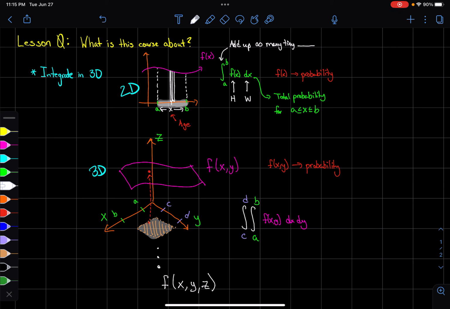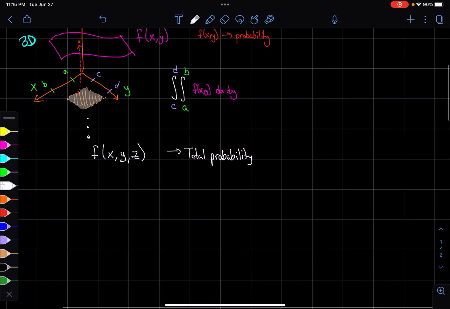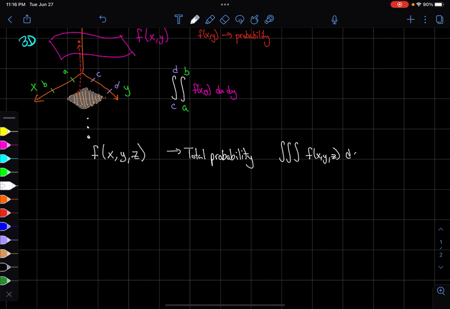And even though it becomes a lot harder to draw a picture, we can still guess that if we wanted to calculate the total probability based on all of those variables, we might just add on another integral, and we would have different bounds, and we'd still be integrating our function.